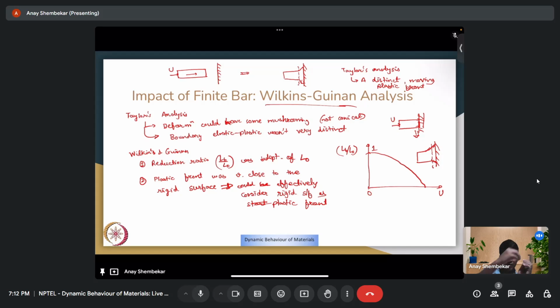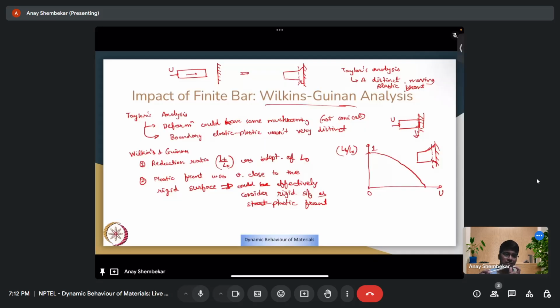So part of the material will start moving radially outwards, and the length of the rod undergoing this plastic deformation, I suppose I denote this as H. This H will typically be small compared to L naught.